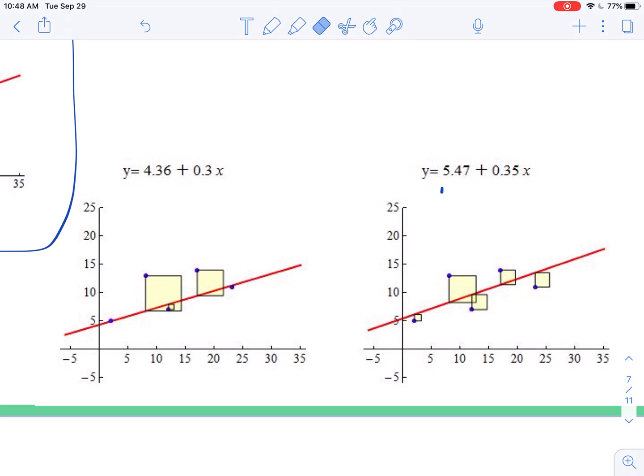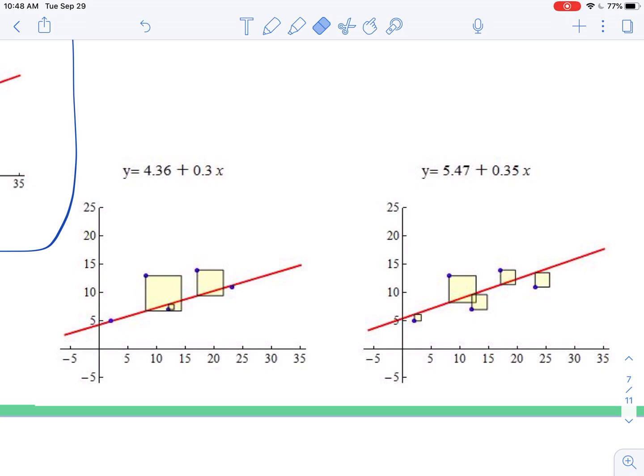On the left, we've got really, really large residuals, which are giving us really large area boxes. Those added together are going to create a pretty large area. On the right, we've got much smaller residuals. We have more residuals, but they're smaller, so we create squares that are smaller. And when we add them up, the areas get smaller.